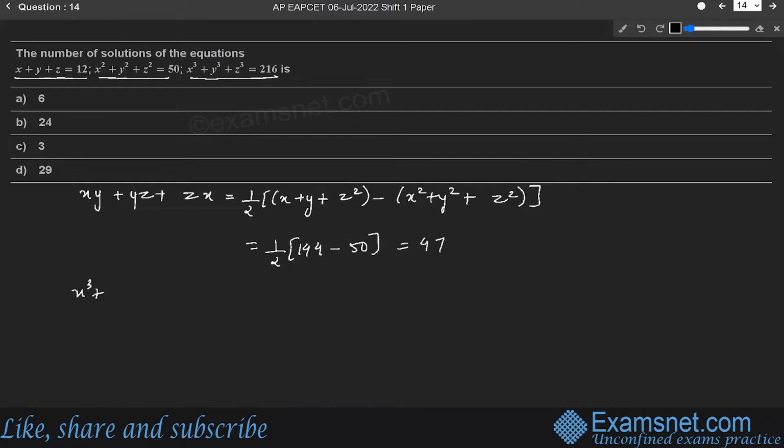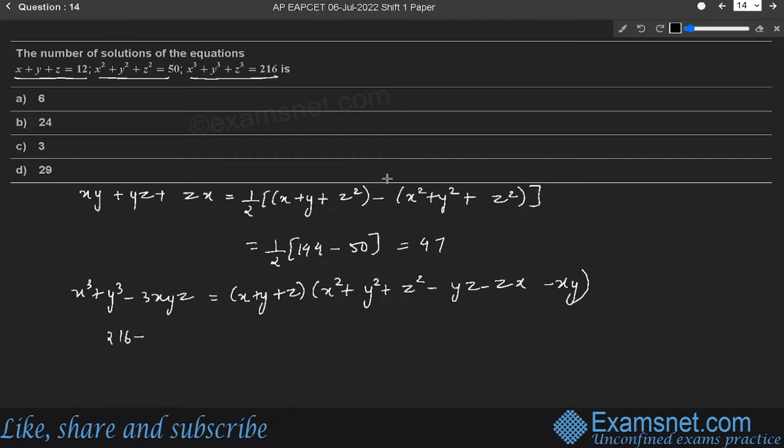Also, x cube plus y cube plus z cube minus 3xyz is equal to (x plus y plus z) into (x square plus y square plus z square minus yz minus zx minus xy). We know that this is an identity of the polynomials, and we can also say that 216 minus 3xyz will be equal to 12 into (50 minus 47), or we can say that xyz will be equal to 60.